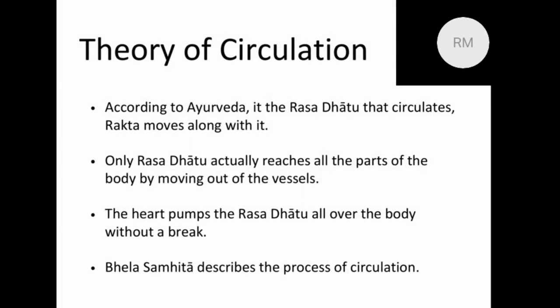So next we come to the theory of circulation. And this is again an interesting area that requires some description and discussion. So we all know that we credit William Harvey for having discovered circulation.